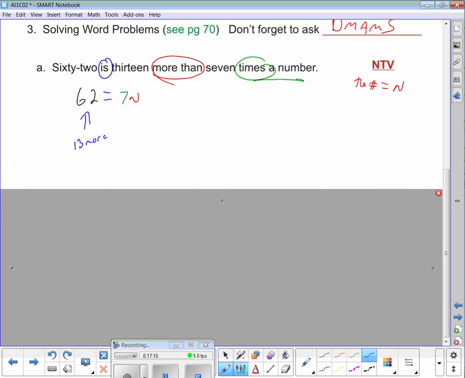And so where would you add the 13, on the left or on the right? On the right, because the left is already 13 more. So to make it equal, you got to add it to the side that is less.